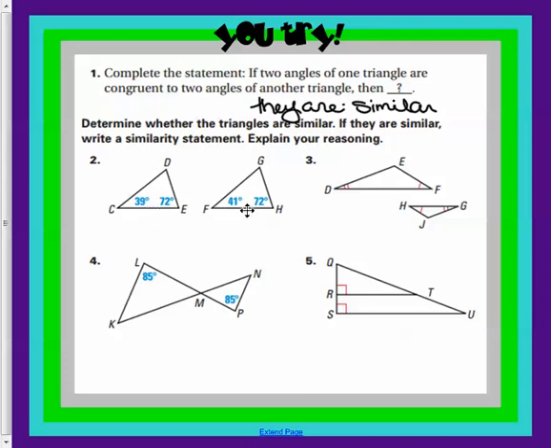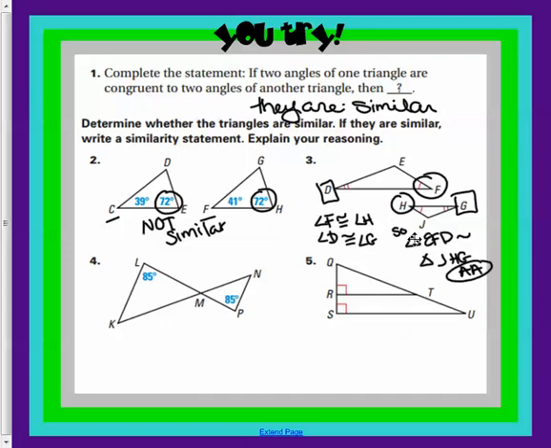So in this one, even though angle E is the same as angle H, angle F is not the same as angle C. So these are not similar. If we look at number 3, angle F is the same as angle H, and angle D is the same as angle G. Triangle EFD is similar to triangle J, and now you got to be careful.